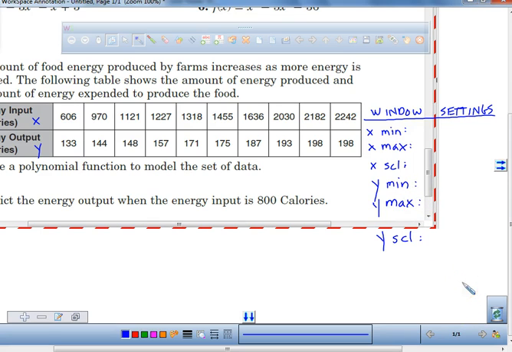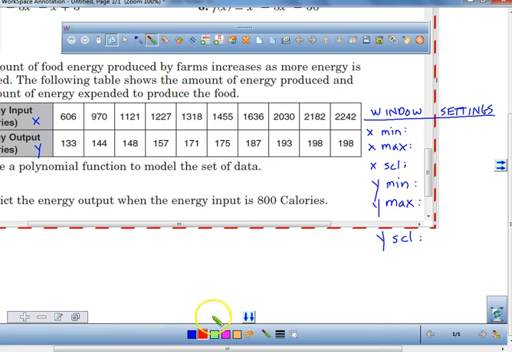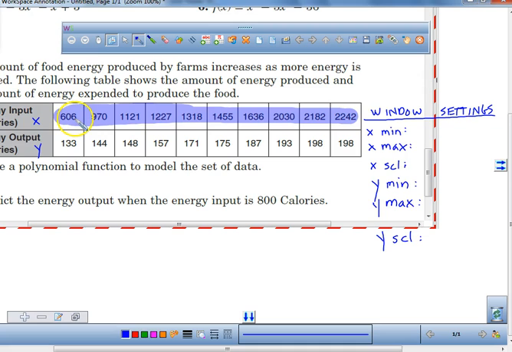So right now, I'm going to highlight the x values, our domain. Let's take a look at it. Of those, what appears to be the minimum? 606. Well, if it's 606, I'm just going to use 600.